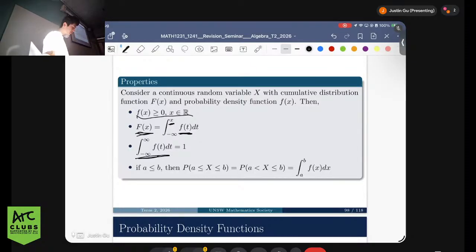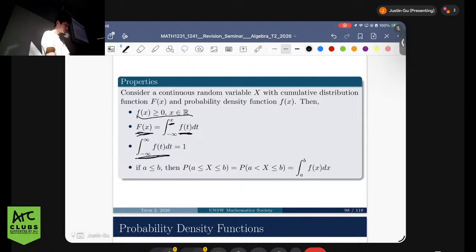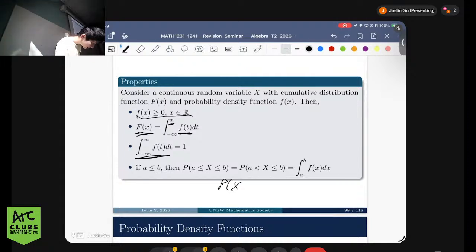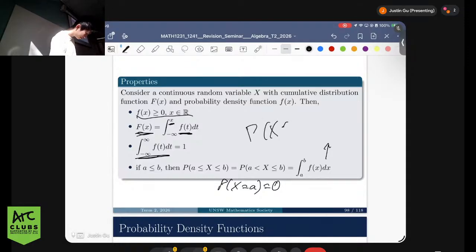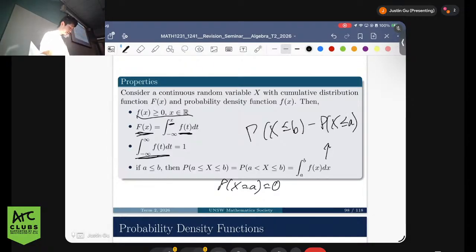And if a is less than or equal to b, the probability that our continuous random variable is between a and b is the same whether strict or non-strict, because the probability of a continuous random variable being a single value is 0. It's the integral from a to b of the probability density function. You can get that by saying it's the probability that X is at most b minus the probability that X is at most a, using the integral definition.